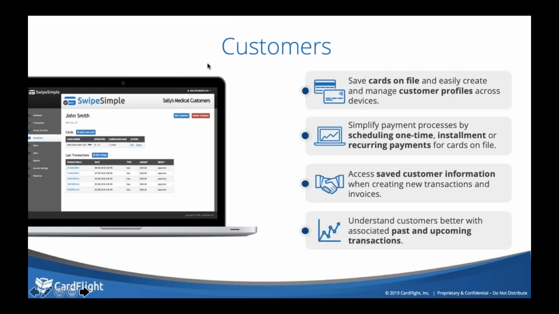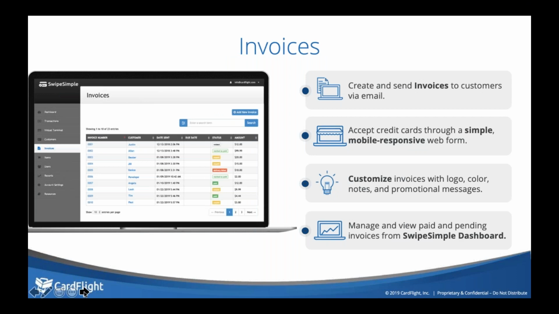I don't know if you can sell with the acquirers, but you can board with that processing. So just want to be clear there. And then you can keep all your customers in there, which is super helpful to see customer spend and transaction volume and schedule those recurring payments with your customers.